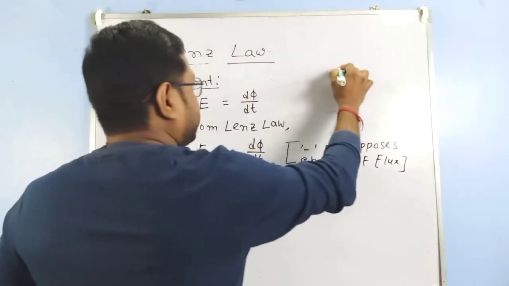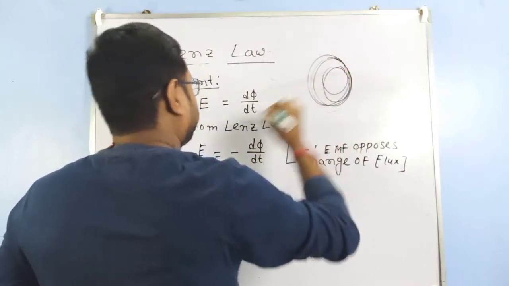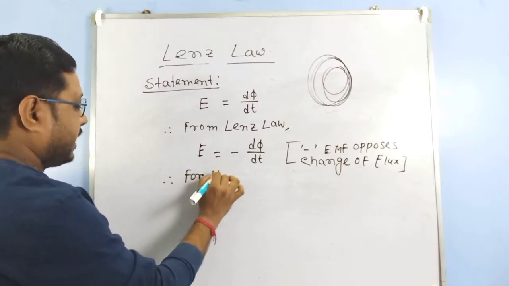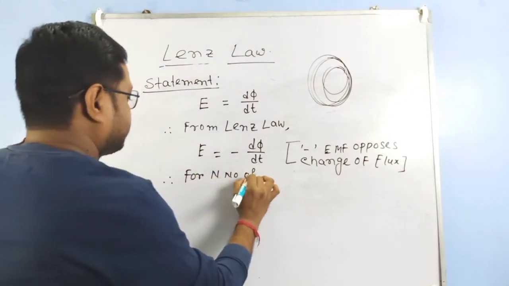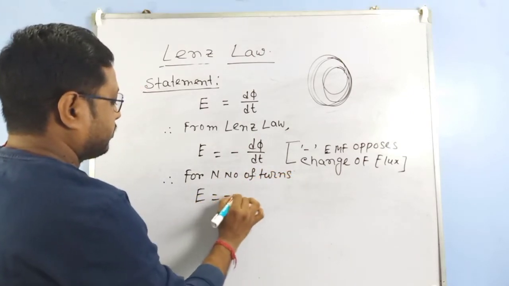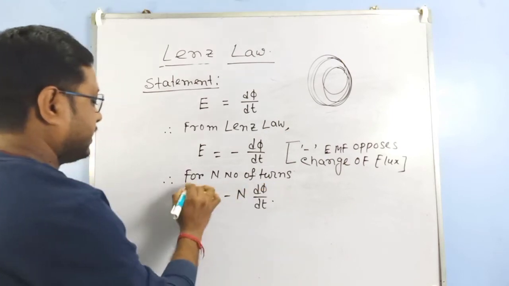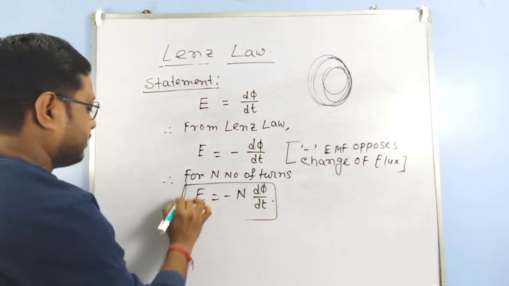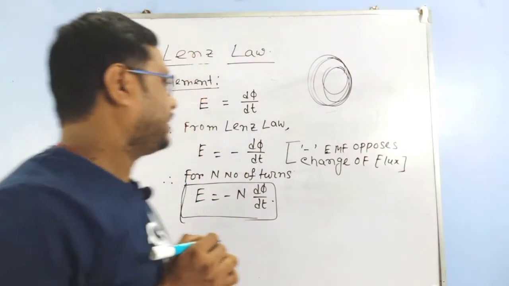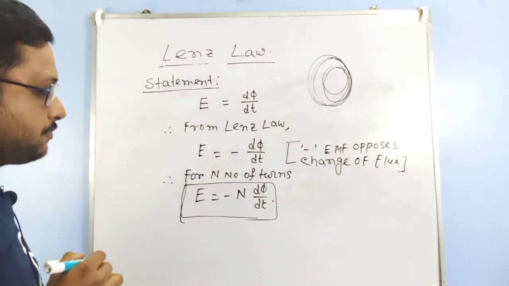If instead of a single coil there are N number of coils tightly wound, then for N number of turns E is equal to minus N d phi by dt. This is the mathematical form of Lenz law, E equal to minus N d phi by dt.